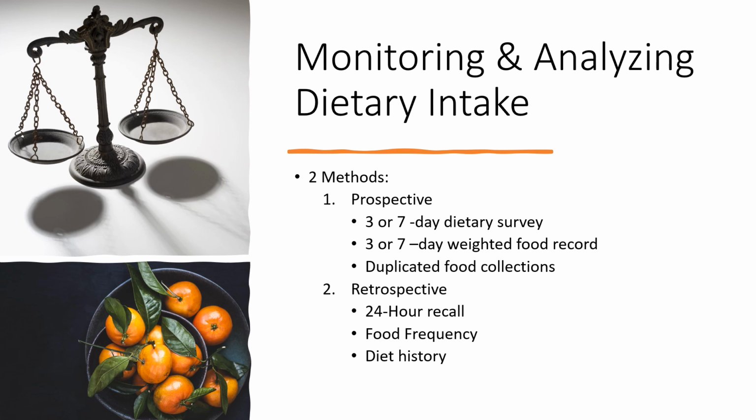And the last one is actually going to be a duplicated food collection. Now, personally, I've never seen this done, but it is a highly precise technique that requires individuals to actually save an identical food item, bring that food item into the lab, and then do a chemical analysis on the food to determine what's actually being consumed across this dietary collection period.